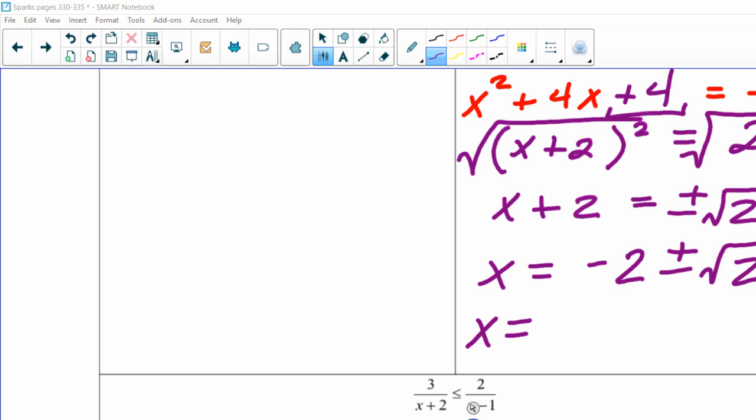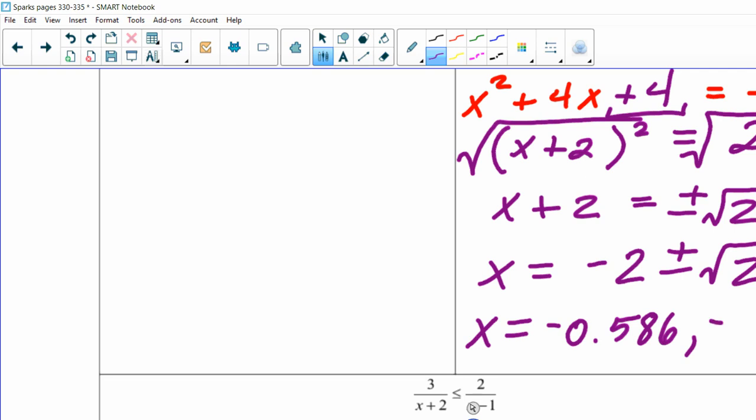On your calculator, I want you to run -2 plus root 2. Give me an answer to 3 decimals. -2 plus root 2. Now run it by doing -2 minus square root 2.